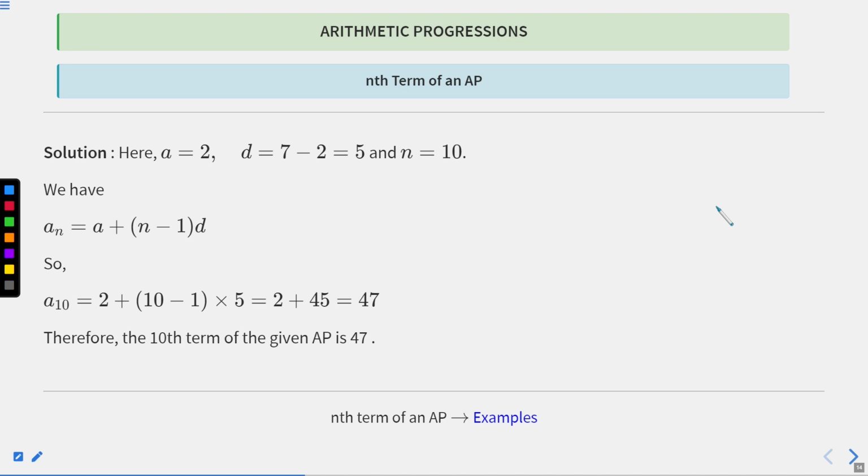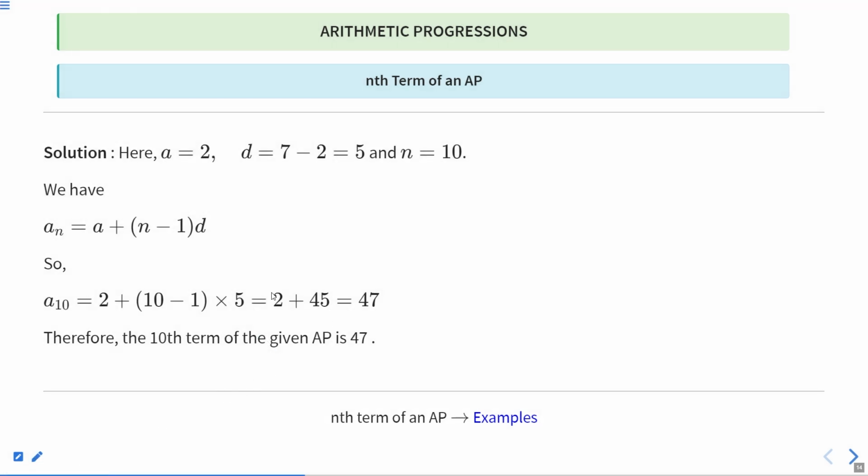So for a10, we can put the value of n equal to 10, a equal to 2, and d equal to 5. Then a10 is equal to the first term plus 10 minus 1 times the common difference d, which is 2 plus 10 minus 1 times 5, that is 2 plus 45.